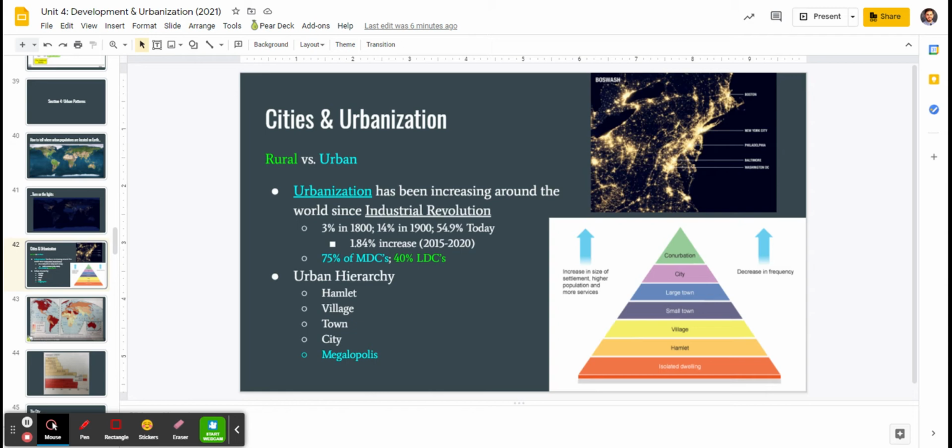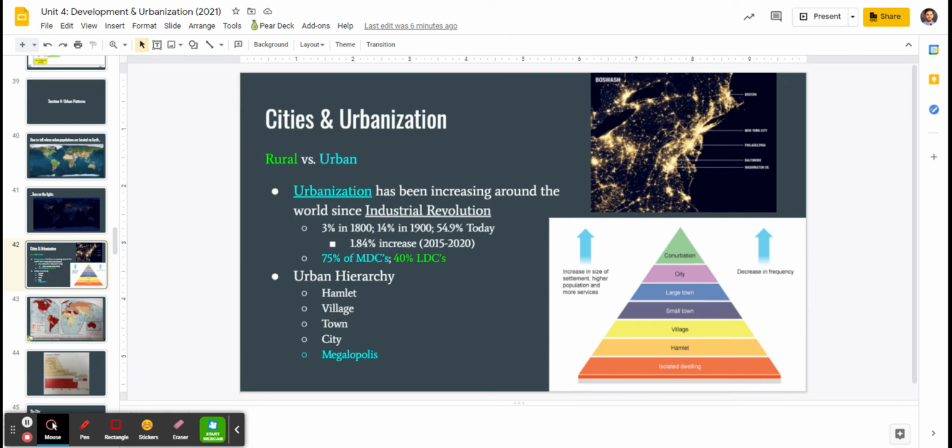Whereas in lesser developed countries, they haven't gone through the industrialization process. There's no need to live in cities because they still need to earn a living by working in agricultural jobs or the primary sector. And so they need more space and live in the rural areas more spread out. Okay, but that trend will continue in the future as more and more countries industrialize and more countries urbanize as a direct correlation.